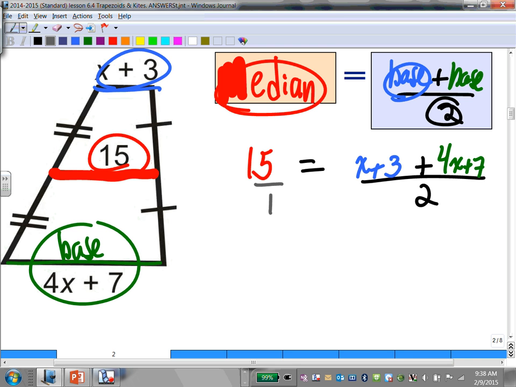All right, guys, I want you to solve for X, plug X in, and then I want you to do some sort of check. I'm not going to tell you what to do for a check here. Should be pretty obvious. Ready?